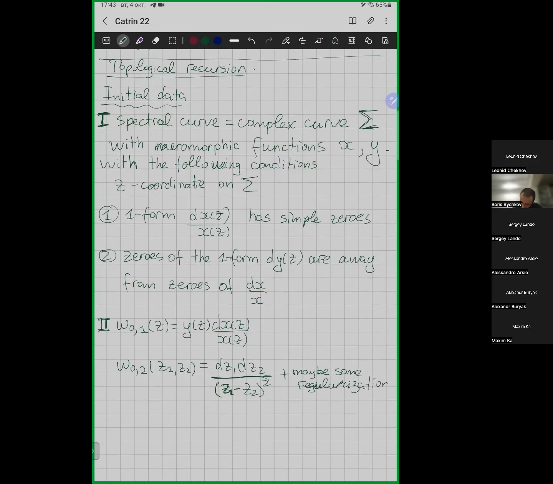Omega 0,2 is a form not on the curve but on its square. Yes, it's a two-form on the Cartesian product of sigma with sigma, so it's in Z1 and Z2, like a Cartesian product.